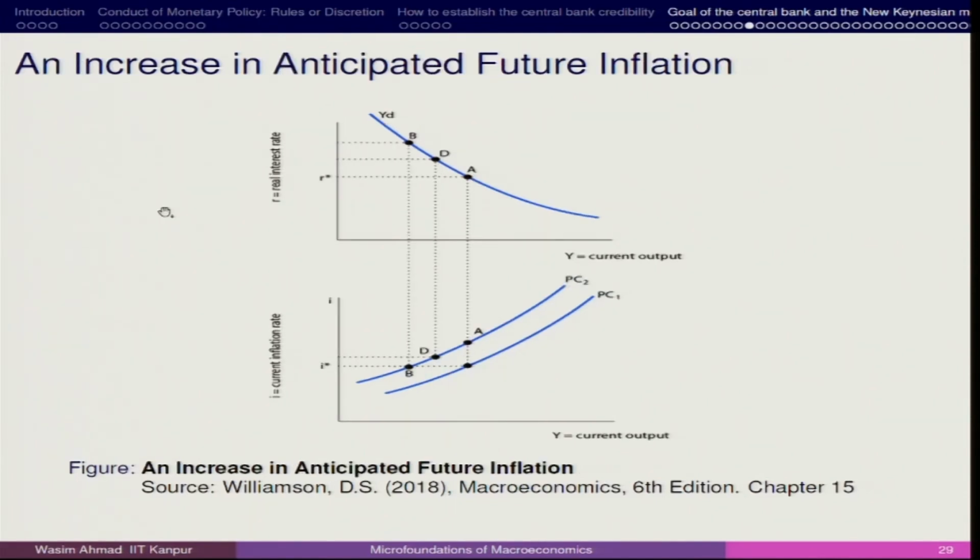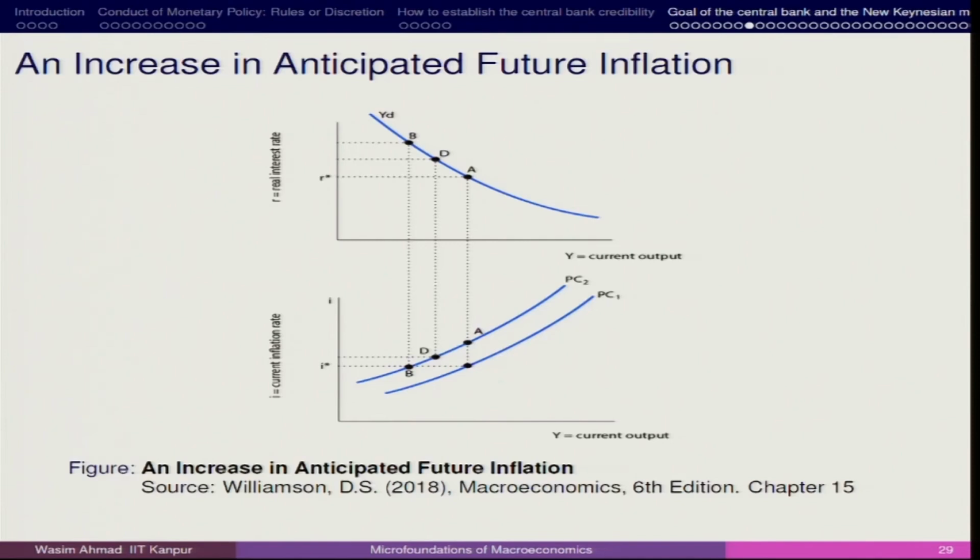Then we look at what happens when we have an increase in anticipated future inflation. As we have already seen, if the credibility of the central bank is very low, people will not care about the interest rate announcements or inflation data coming from the central bank, and they will expect even higher inflation in future, which creates a very adverse scenario.